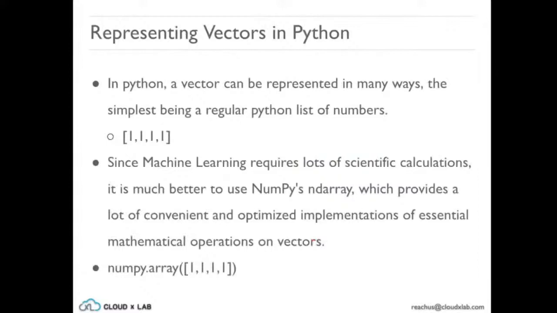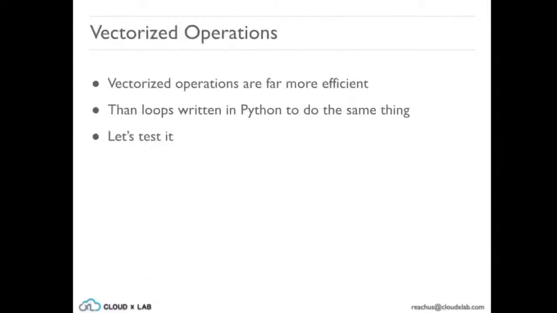So Python, as you mentioned, can be just a regular list of numbers. Machine learning uses lots of scientific computation, and therefore it uses NumPy arrays, and the functions that NumPy provides are much faster than those of Python. Now we'll have an example to show that.